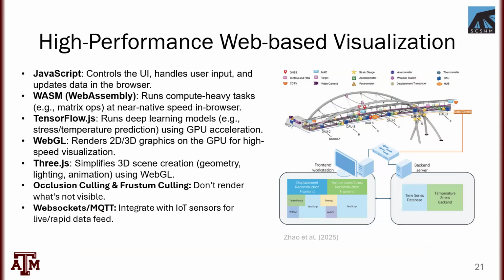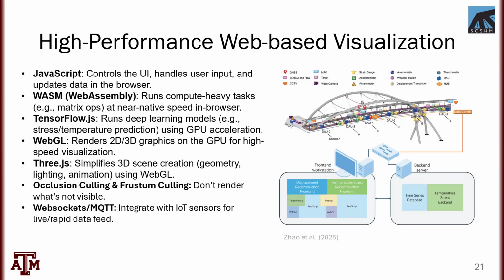Some examples include JavaScript, WebGL. These are basically tools that handle and render three-dimensional graphics directly on a browser. We have WebAssembly, which is used to offload heavy computations that you need for physics-based modeling. So all those matrix operations and so forth.